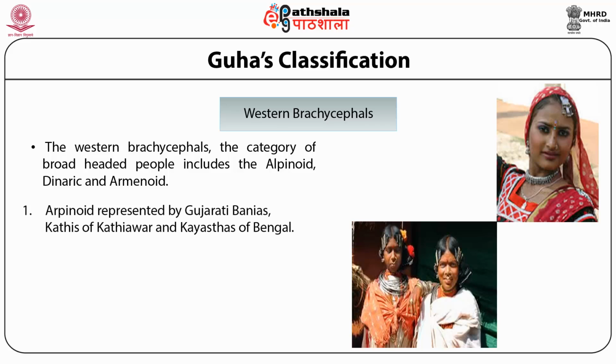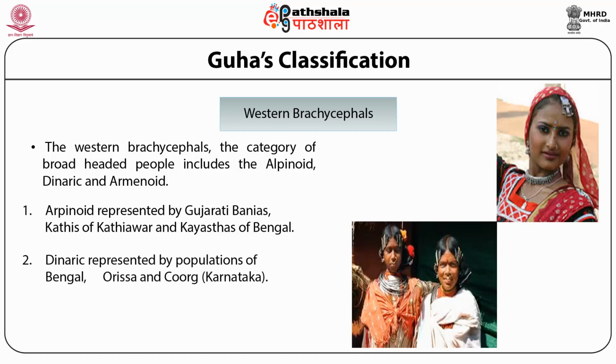Alpinoid characteristics of this type include broad head with rounded occiput, prominent nose and round face. Their complexion is lighter than that found among Mediterranean. Body and facial hair are plentiful. Body is strongly built. They are represented by Bania of Gujarat, the Kathi of Kathiawar and the Kayastha of Bengal.